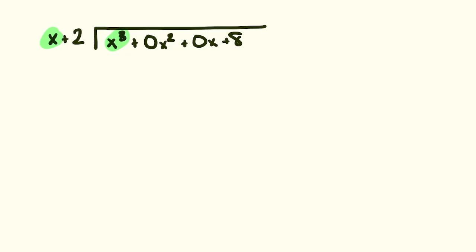We want to multiply to get those to match up. So we are going to multiply by x squared. x squared times x plus 2 is going to give us x cubed plus 2x squared.